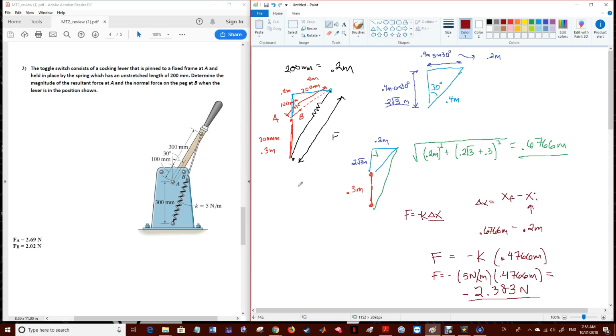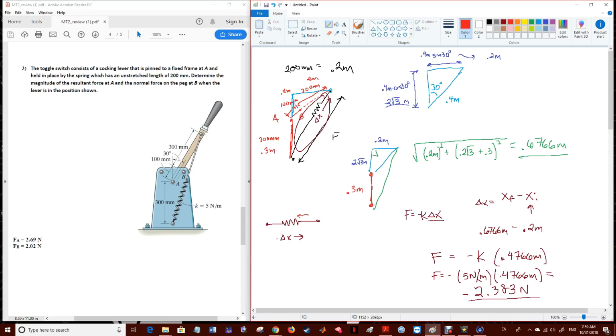To answer this question, recall that the spring was allowed to stretch along this axis. So I'm going to take this spring and imagine if I had rotated it so that the spring is now horizontal. What we see is that this delta x allows this spring to stretch in the positive direction, and as a result, the force needs to be a restoring force going against this direction.